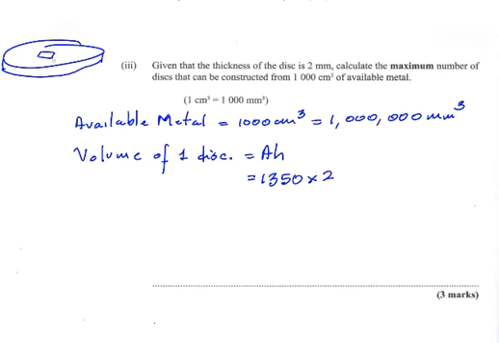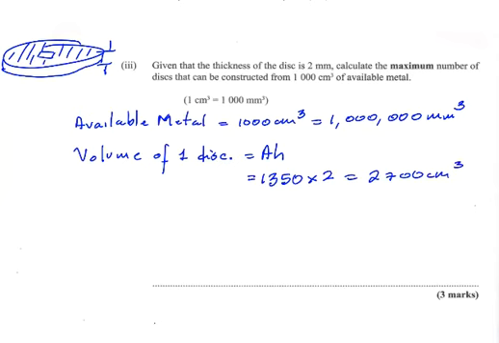The cross-sectional area would be the shaded region, and that is 1350. And the height or thickness of the disc is this, which is 2. So the volume of one disc is 2,700.